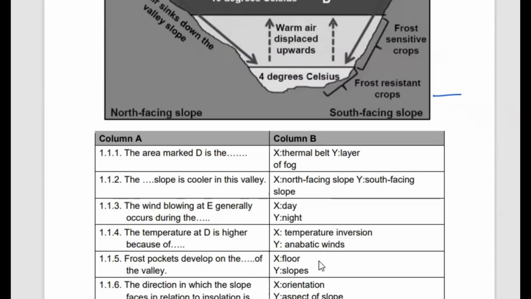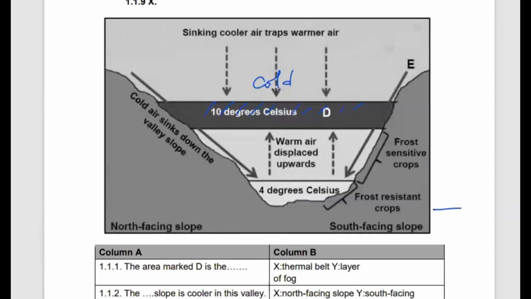This area is a zone of warm air bound by cold air on top. Remember, we said there is strong descending air, and also we have cold air from the bottom, which has managed to sink into the valley. So there is a belt of warm air trapped between 2 cold air masses.